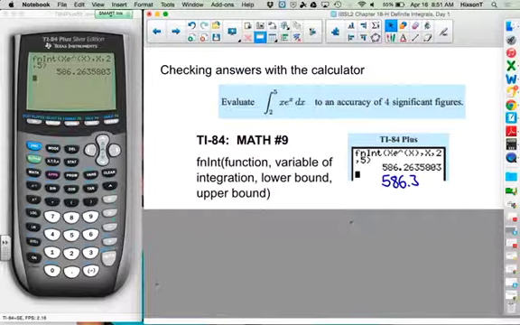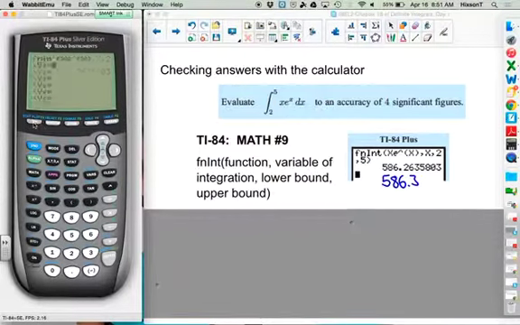Now, let me show you another way. This takes a little bit longer, but it does help you visualize it. And that is actually doing it with the graph. If I hit y equals, and in my graph I punch in x times e to the x, and I graph it.